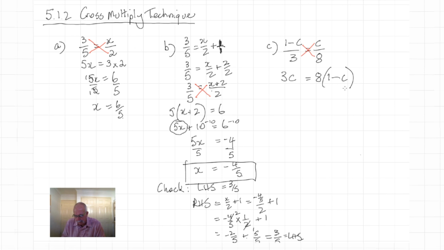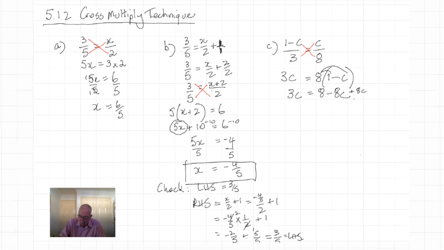Okay, remove brackets first. So we got 3c equals, this 8 is distributed over both terms, so that'll be 8 minus 8c. Now which side has the most positive unknowns, or c's? This has got plus 3 of them, this has got negative 8, so there are more positives over there, so this is the side that I'm going to put all the c's onto. So if I want to put the c's over here, I've got to get them from here. What's the opposite of taking 8c?